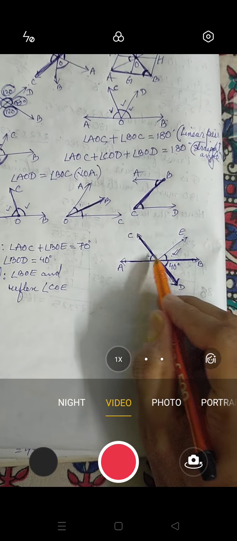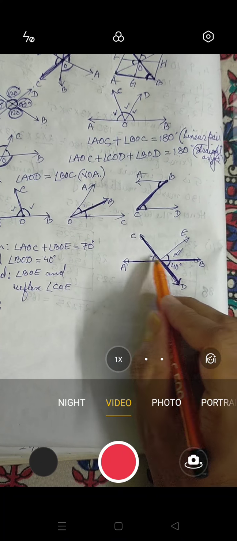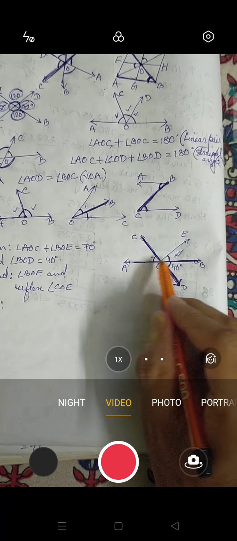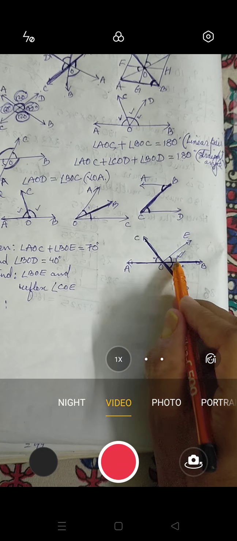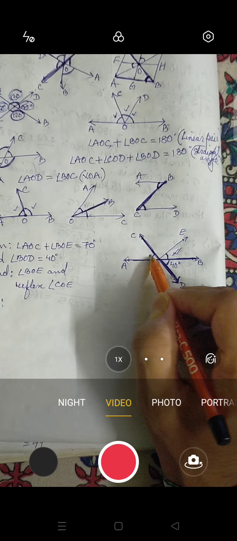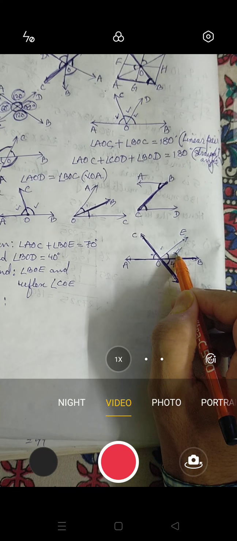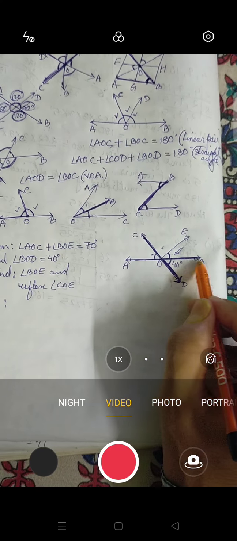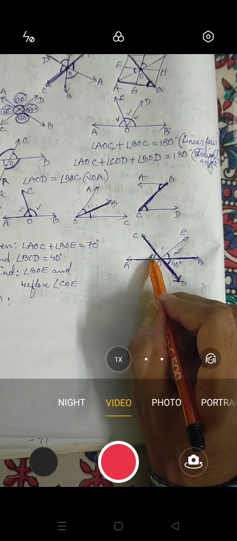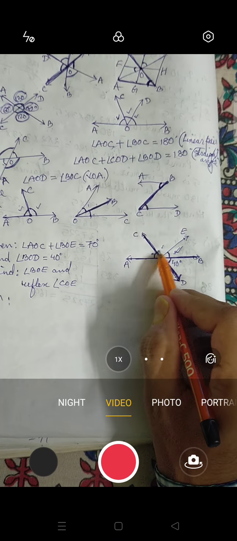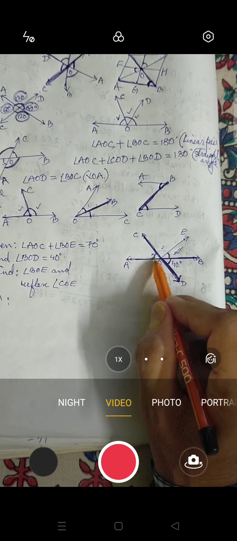It was given that this angle and this angle, if we add, we will get 70 degrees. Can I say that this plus this angle equals 180 degrees because AB is a line? So this angle and this angle will form one straight angle.